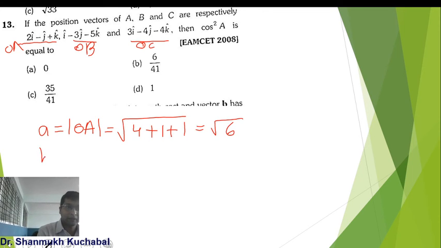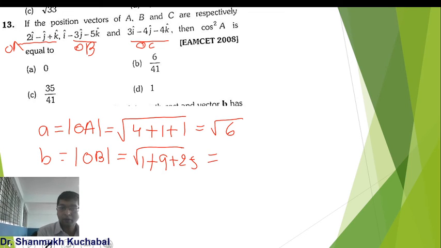And vector B is magnitude of OB: i coefficient squared 1, plus 3 squared 9, plus 5 squared 25, so we get root 35.